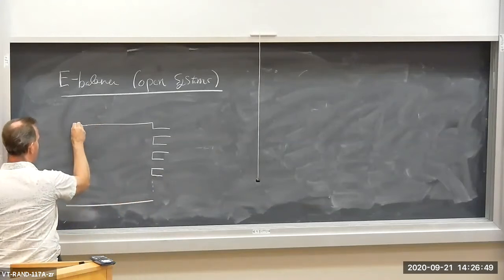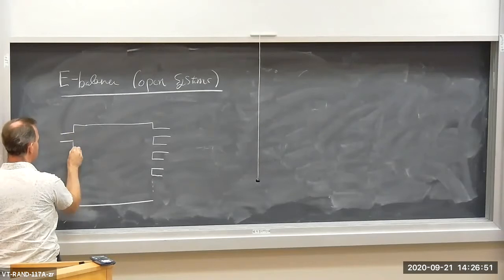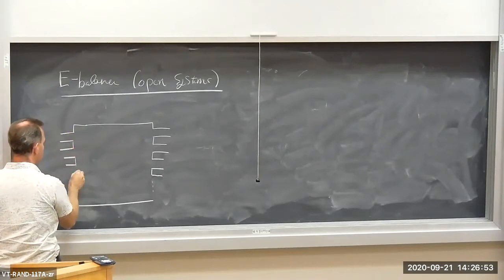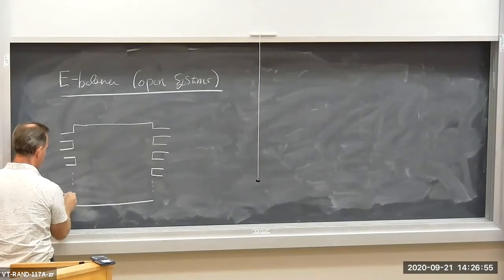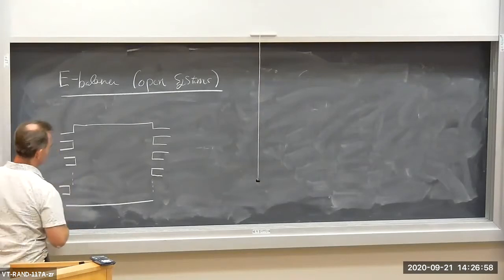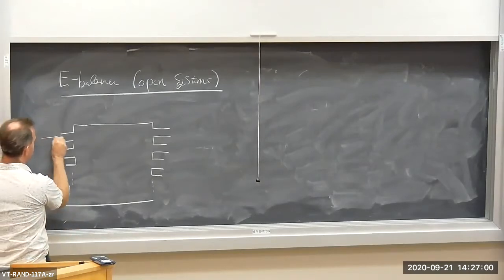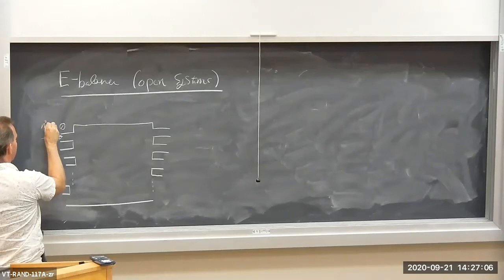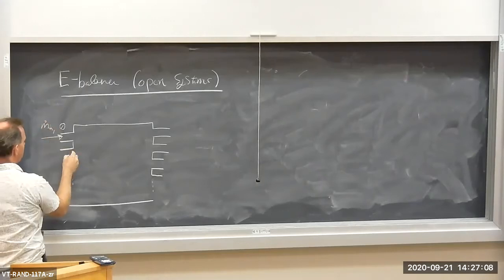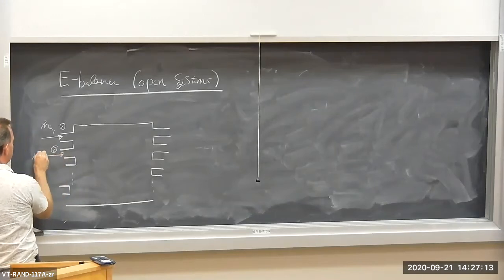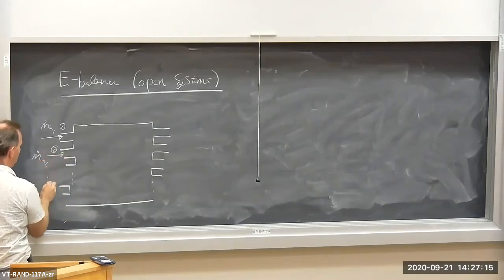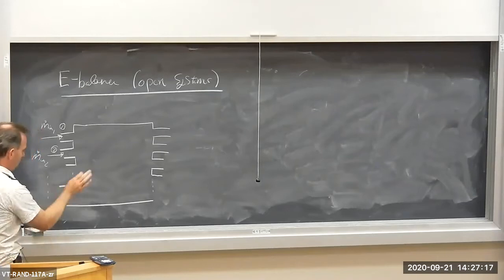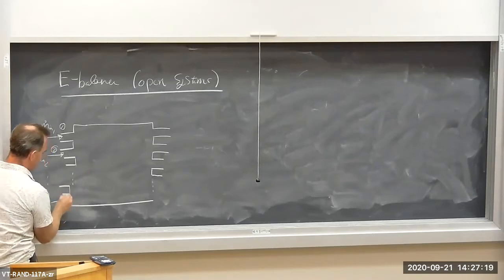We have mass flowing in. Maybe this is inlet port number 1, so m dot in 1. Maybe this is inlet port number 2, so we have m dot in 2, all the way down to however many inlets we have.